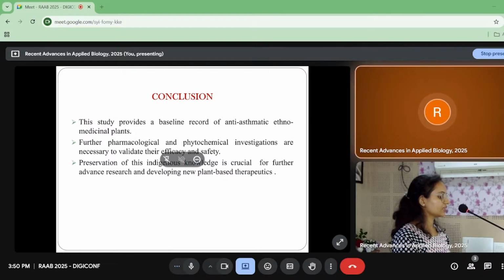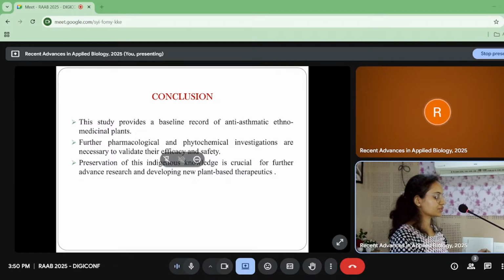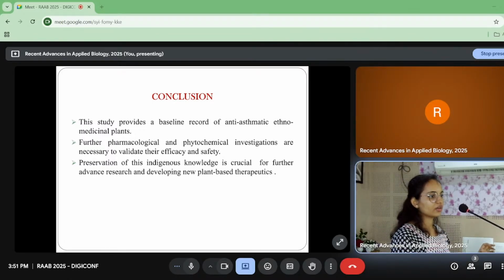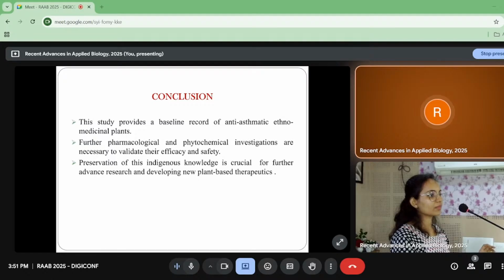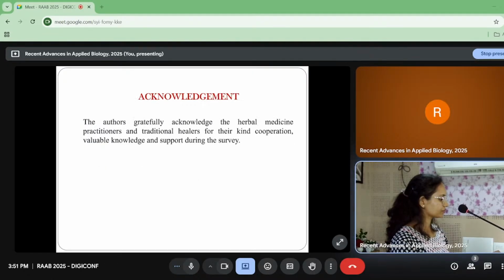Investigations are needed to validate their efficacy and safety, and preservation of this indigenous knowledge is crucial for further advanced research and developing new plant-based therapeutics. This survey is a baseline for pharmacological and physiological study also.